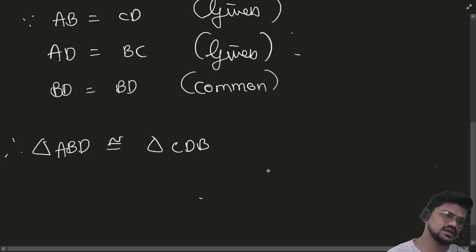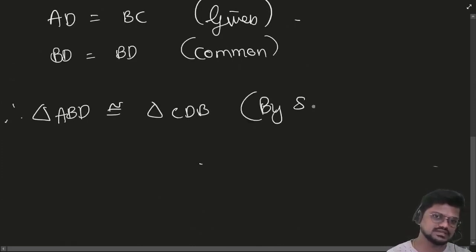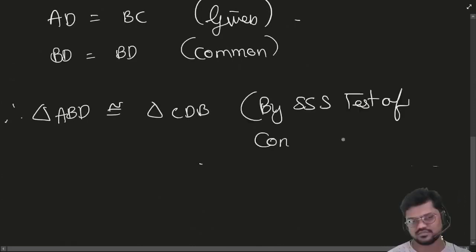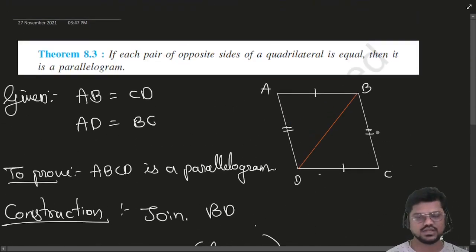Now once the two triangles are congruent, what can we say? Then their corresponding angles are equal. These two triangles are congruent by what? By SSS test of congruency. Now once you know that the two triangles are congruent by SSS test of congruency, then their corresponding angles will be equal.